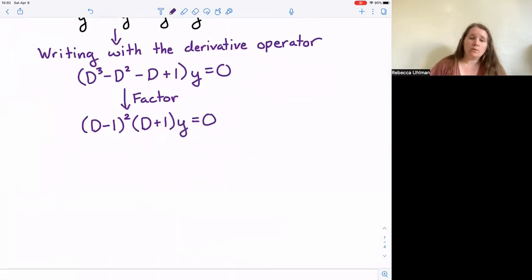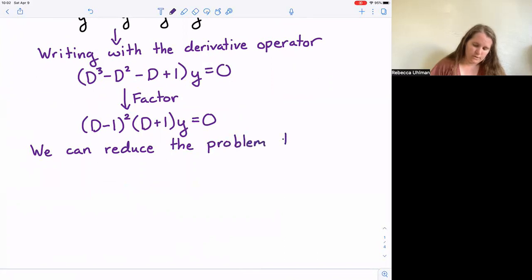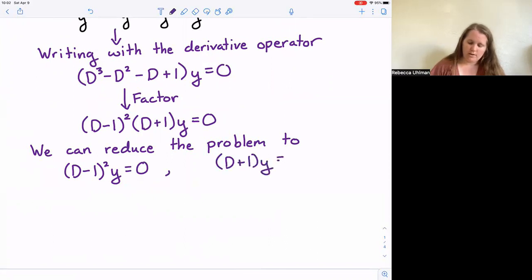So we can reduce the problem to d minus 1 squared applied to y equals 0 and d plus 1 applied to y is equal to 0.